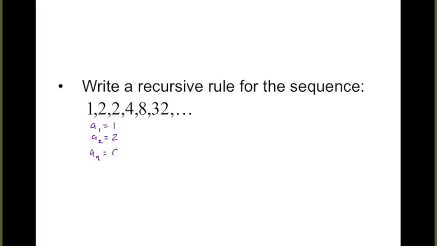We take the one that's 2 places ago in line, and we multiply it by the one that's 1 place ago in line. Okay, so we need 2 starting places, and then we take 2 ago and multiply it by 1 ago, and that will create all the other numbers in the list. Questions?